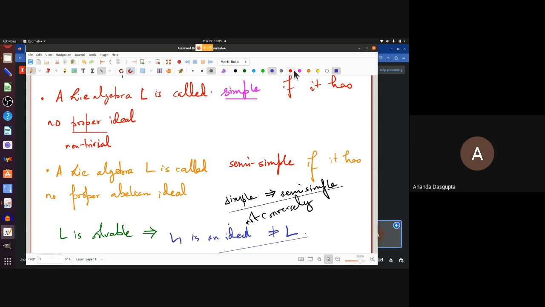So basically, what you do to avoid this is add a subclause to the definition of simple, and you just add this as a subclause to both simple and semi-simple.